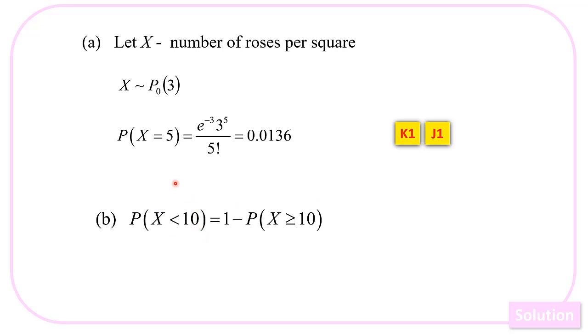Here we are going to use the table of distribution, so we have to change it into 1 minus probability of x greater or equal to 10. Remember, when using the table of a discrete random variable, we need to have the equal sign for the probability. So here we can straight away look at the table. The answer is 0.9989. So that is J1.